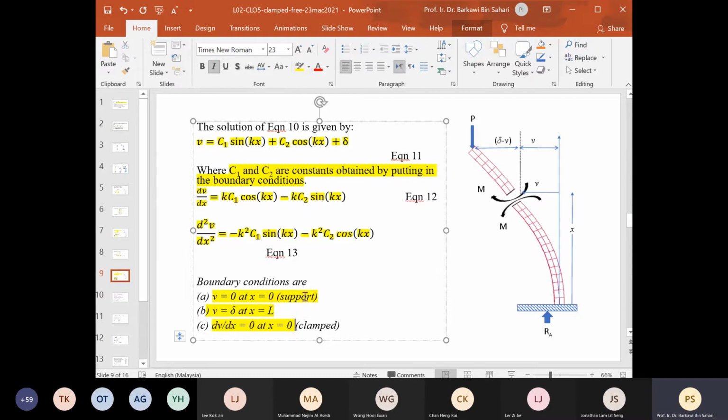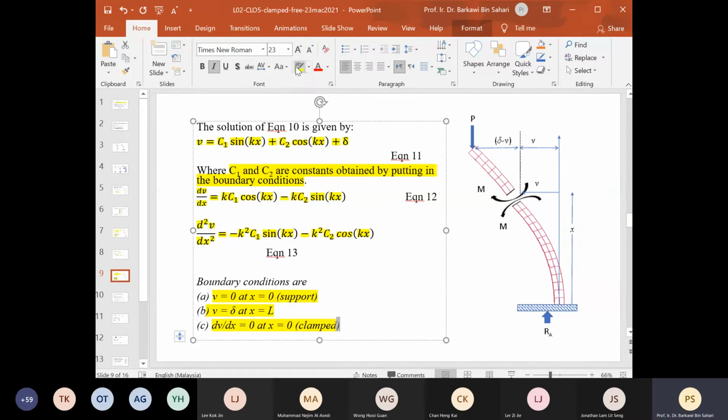The reason for this is because it is a clamp support. Now distinguish between A, v equal to 0 at x equal to 0, which is a support, and dv/dx equal to 0 at x equal to 0, which is a clamp support. So it is the type of support that gives this boundary condition.